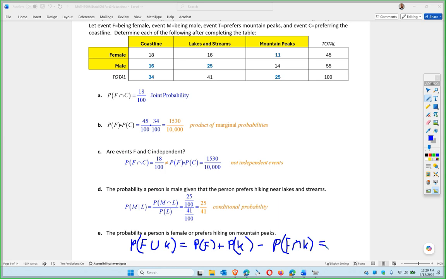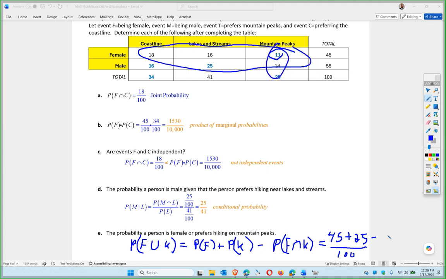right? So the probability of female is a marginal, so that's 45, and then we said the mountain peaks was 25, right? So the question is, what's the overlap, essentially? Well, the overlap is the 11, right? Because we added up this way, and we added up this way. So 11.